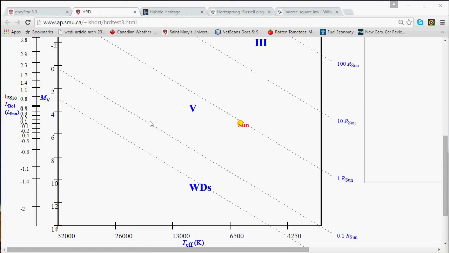And so on that basis, we might predict that every star in the universe should lie along a common line in the HR diagram, namely the line that you would get if you were to plot up the function y equals x to the 4th power plus or minus some constant.